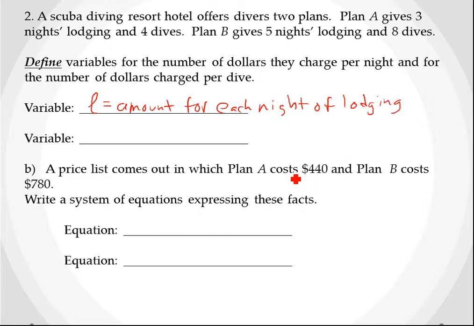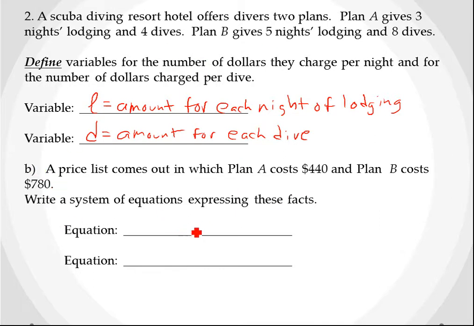So L will be my cost for lodging, and D will be the amount for each dive. All right, so we can't do anything with the information we have yet. We need a little more, so look down here to B.